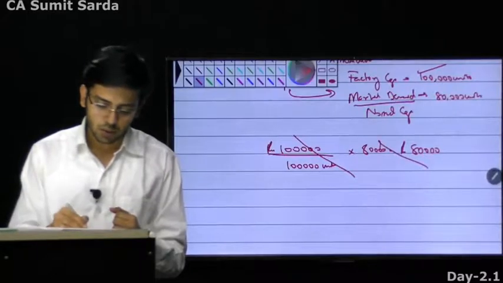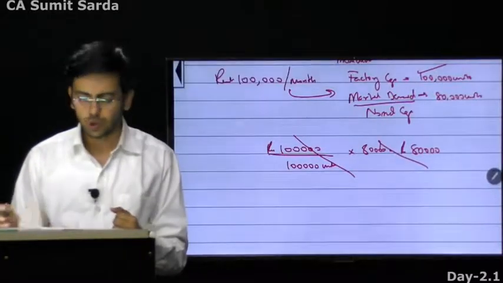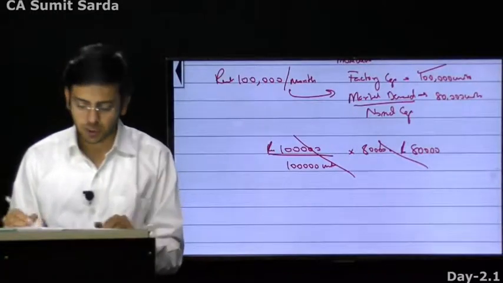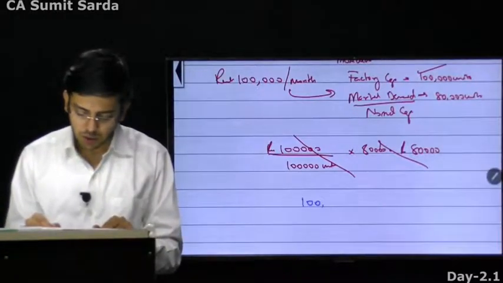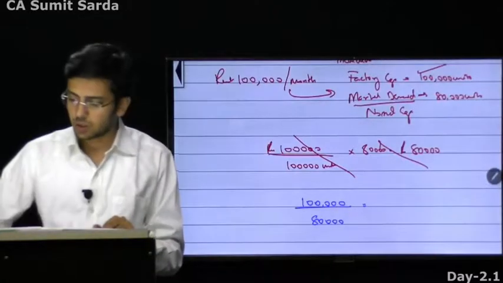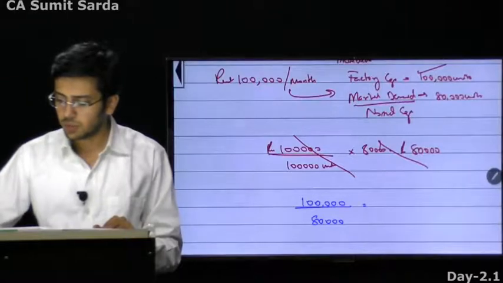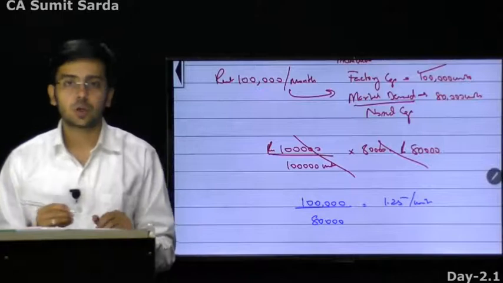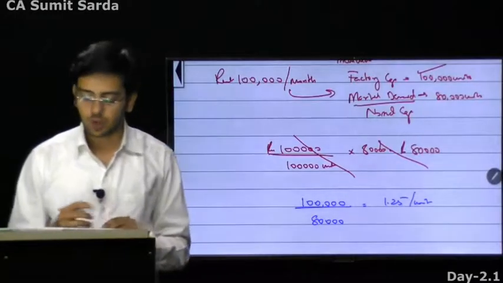That's why we are going to use normal capacity, because normally that is the demand that we are supposed to satisfy. So 1 lakh rupees will be divided by 80,000 units, 1.25 per unit. 1.25 per unit is the cost that we are going to allocate.